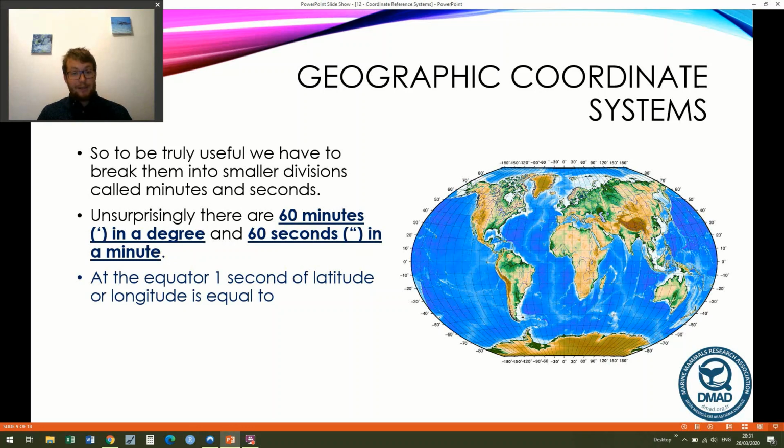That means there's 3,600 seconds in a degree, so we can break that down into 3,600 smaller sections. At the equator, 1 second of latitude or longitude is equal to approximately 30 meters, and obviously that decreases as you get further northward.